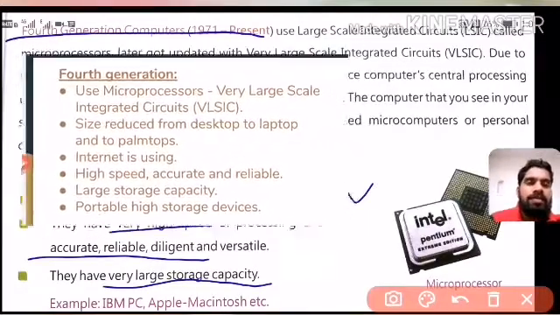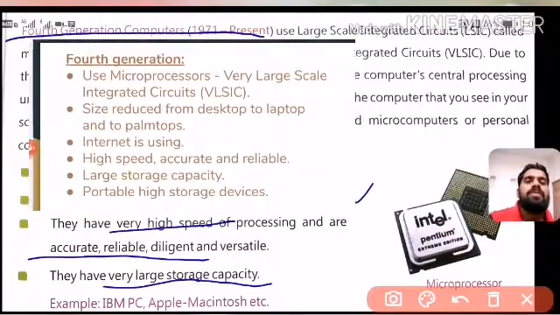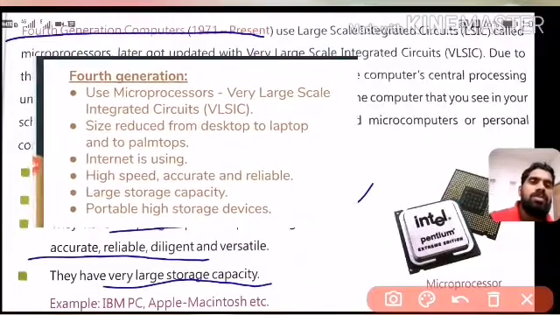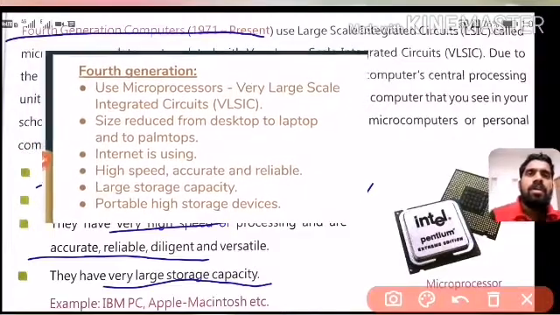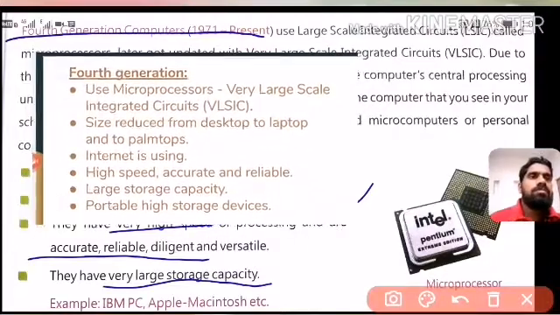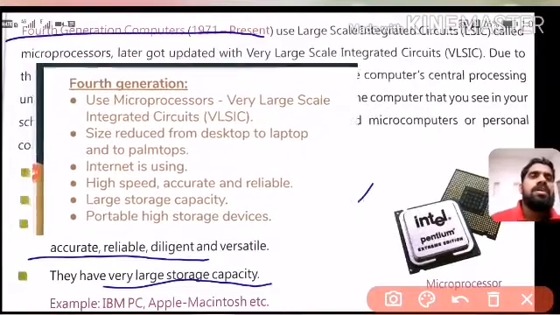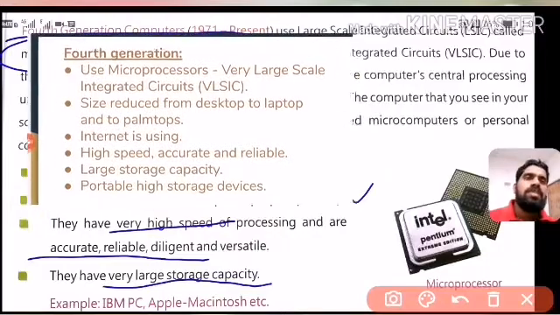Examples of computers in this time are IBM PC, Apple Macintosh, Intel Pentium, etc. So the fourth generation computer used a microprocessor for processing the data.